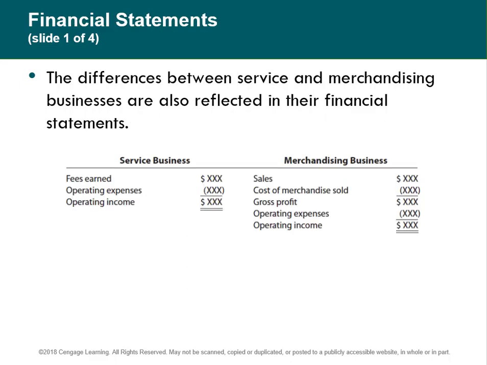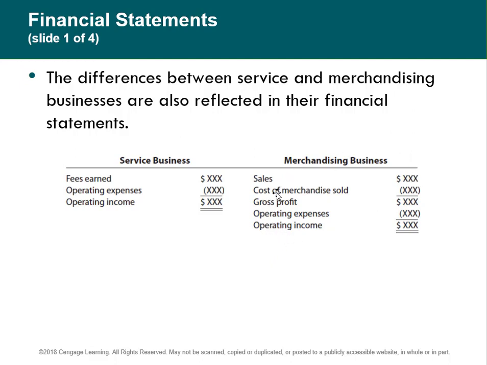And then their financial statements are going to be different. And this is what I want you to be able to really understand and have in your head. For a service business, we had fees, fee income, fee revenue, operating expenses, and operating income. Now we're going to add a couple things here. Now we're going to have sales.